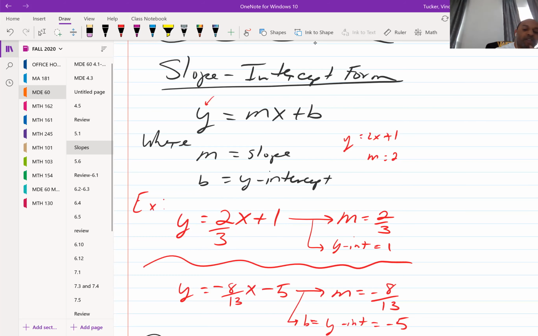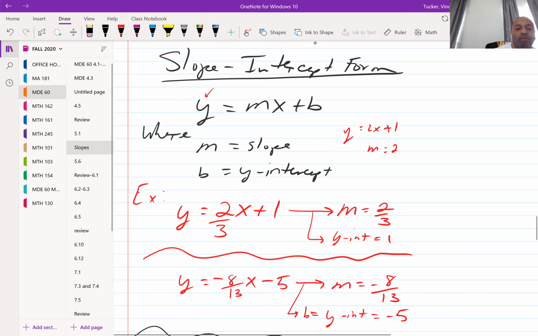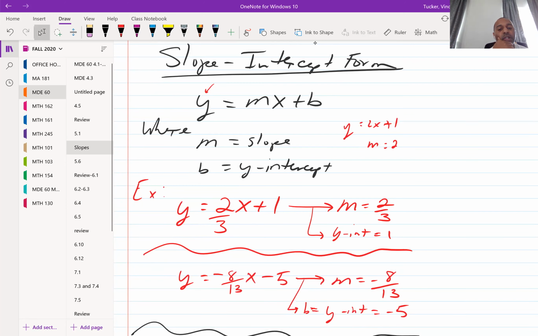All right. Same thing with this one down here. We have y equal to -8 over 13x minus 5. So the -8 over 13 will be your slope, and your y-intercept is -5.